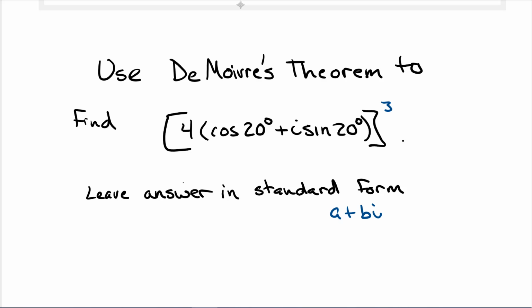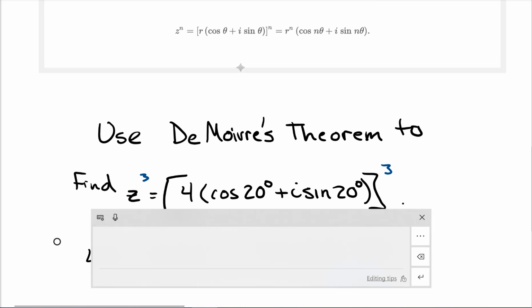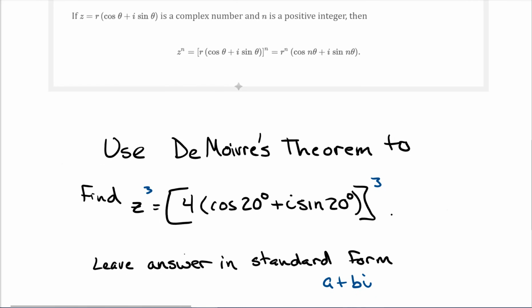All right, we're using everything and putting it together. Let's begin. Let's think about it a little bit differently. Let's say that z to the, and what power are we raising that to? Cubed? So we have z cubed is equal to. Now let's look back up at our formula and see if one of these might be helpful.